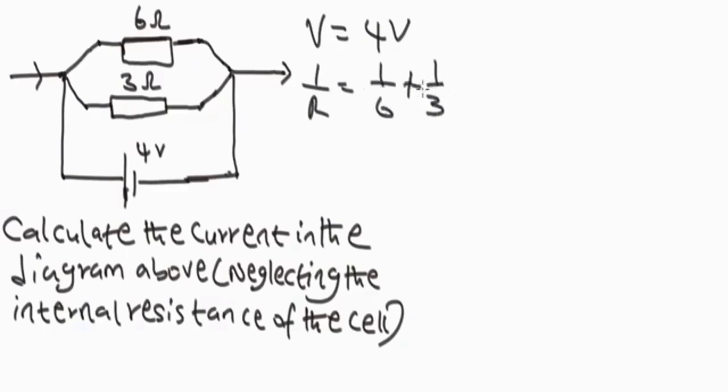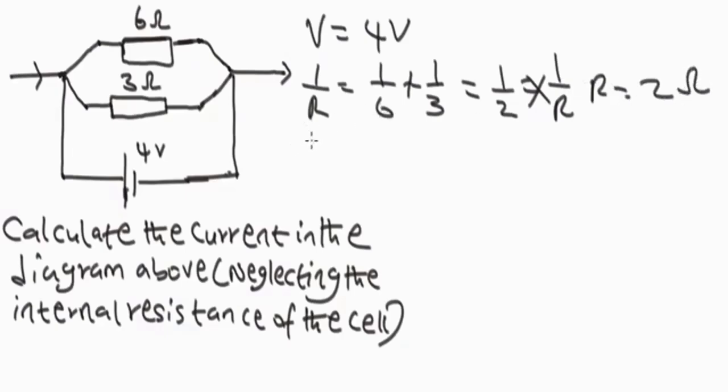When you punch it in your calculator, you're going to have 1 over 2. Remember, 1 over 2 equals 1 over R, so when you cross multiply, R equals 2 ohms.